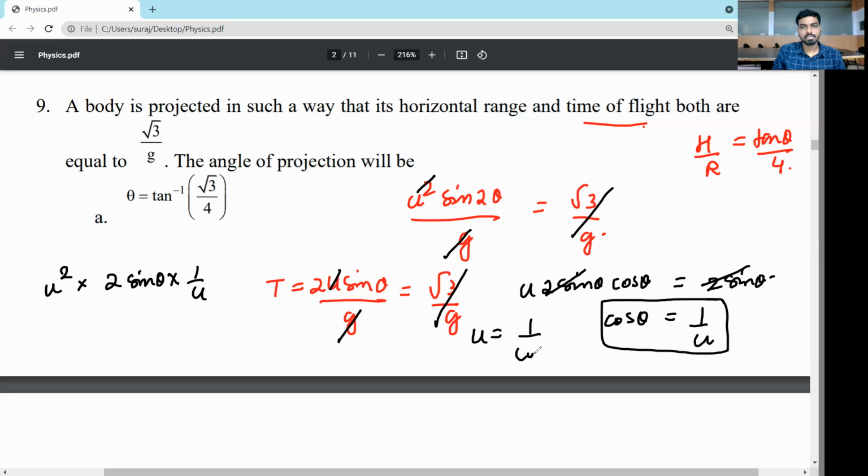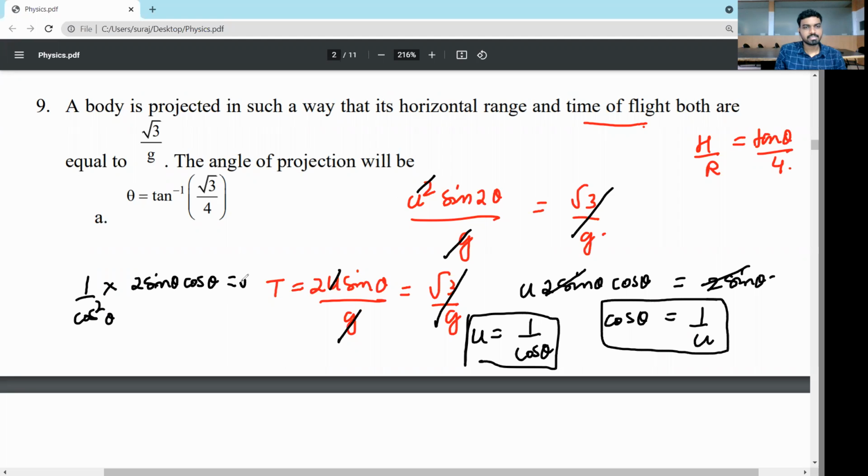U is equal to 1 by cos theta. U square will be 1 by cos square theta, into sine 2 theta, 2 sine theta cos theta. G will cancel. This is root 3. So cos square cancels. Then sine by cos is tan. Tan theta is equal to root 3 by 2. Theta is equal to tan inverse root 3 by 2. U value I got, I'll just substitute the u value here.